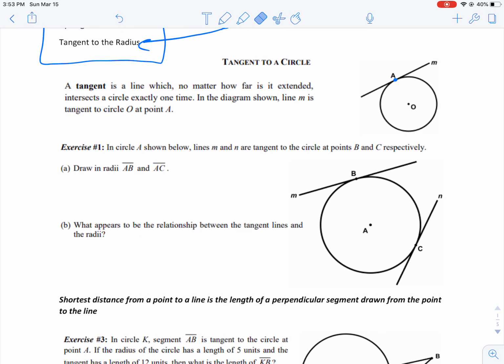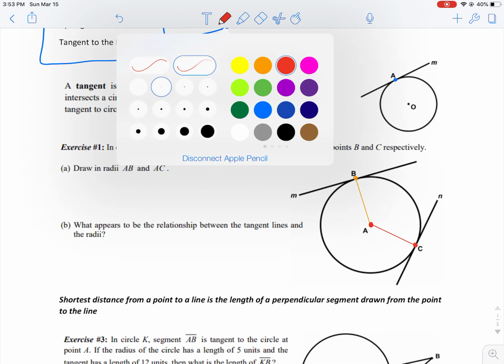So in circle A, shown below, lines M and N are tangent to the circles at points B and C, respectively. It says, draw in the radii AB and AC. Drawing those radii.